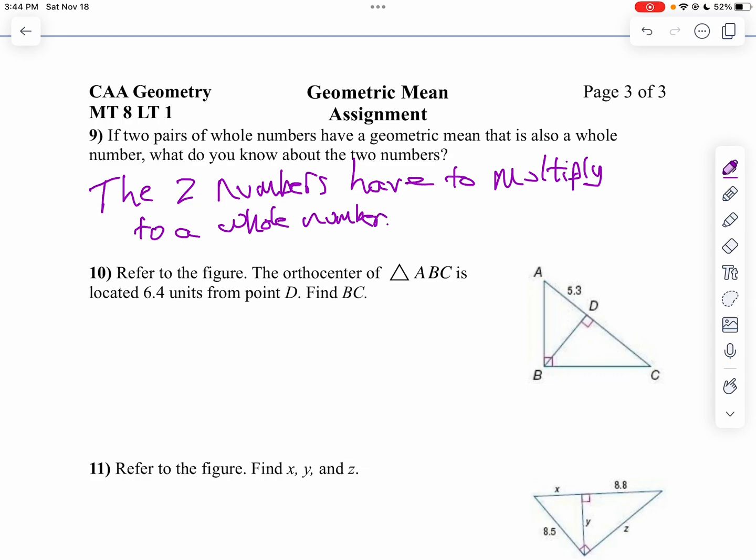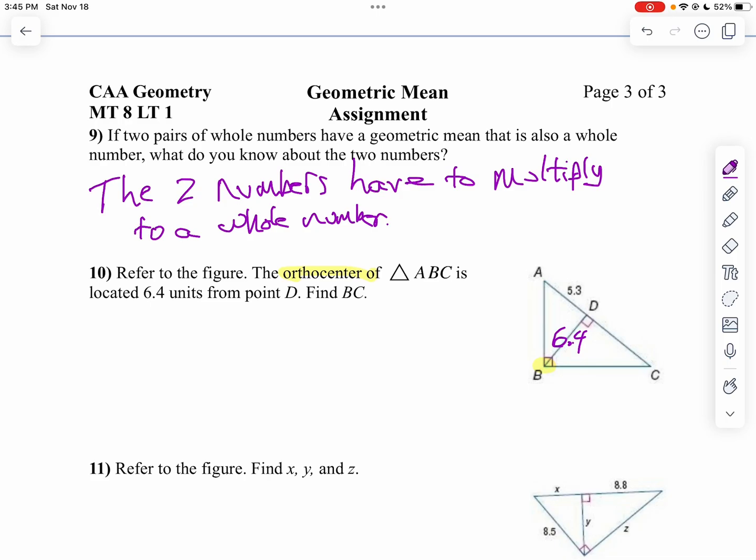Now, on question 10, here's a review from chapter 5. The orthocenter is where my altitudes intersect. So my orthocenter in this one's at B. So when they said the orthocenter is located at 6.4 from D, that means D to B is 6.4.